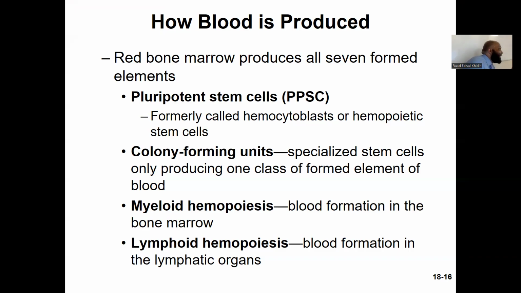One cell has the potential to become a red blood cell, a white blood cell, or a lymphocyte based on the cytokine. Ever heard of cytokines? Cytokines are the signals that tell the stem cell, we need you to become a red blood cell. It now will become a red blood cell.